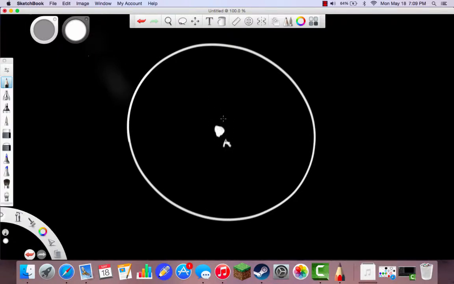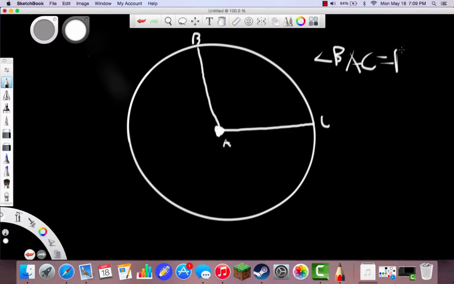So we already know that if this was a central angle, because the two radii come and meet in the middle, and they intersect at point B and point C. So by already knowing just that, we can tell that angle BAC is going to equal the minor arc BC, okay?